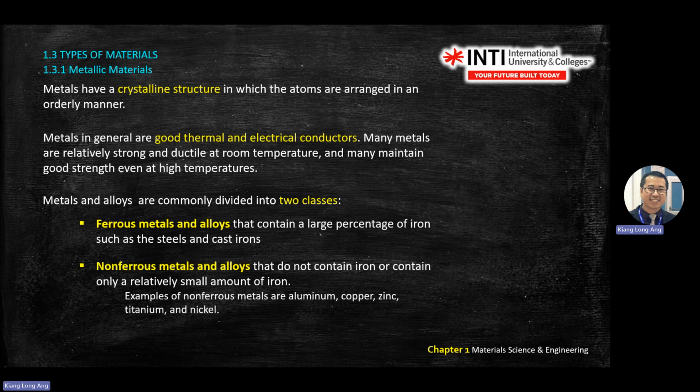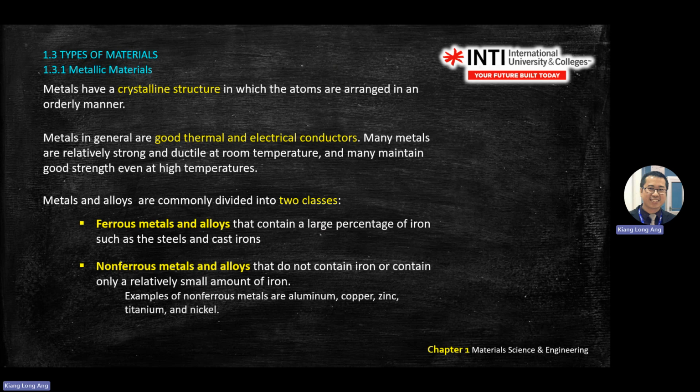So metals and alloys. Metal means pure metals. Alloy means a combination of different metals. There are 2 classes. Ferrous metals, ferrous Fe, contain a large percentage of iron in the combination. Non-ferrous alloys do not contain iron, or only a relatively small amount.